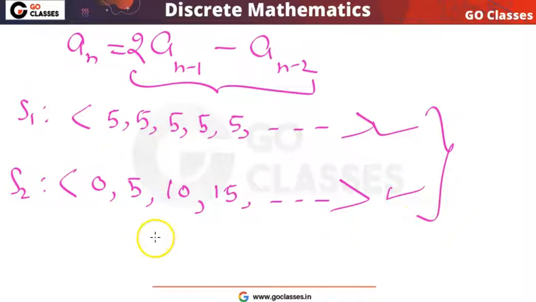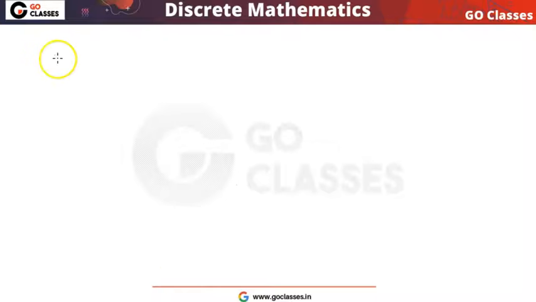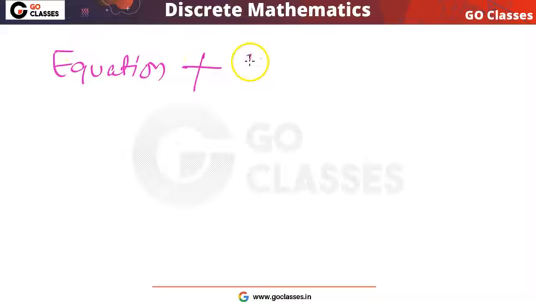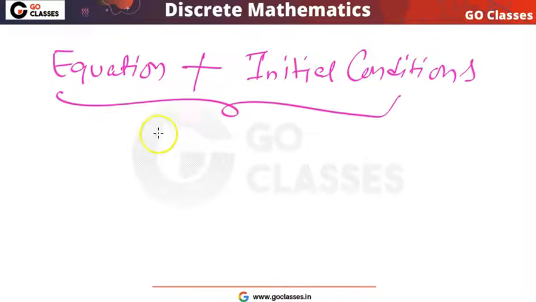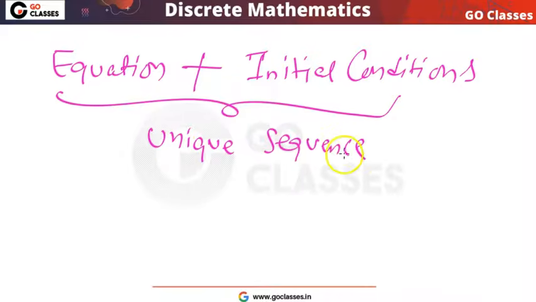If we have initial conditions, then we will get a unique sequence. So equation plus initial conditions will give me a unique sequence.